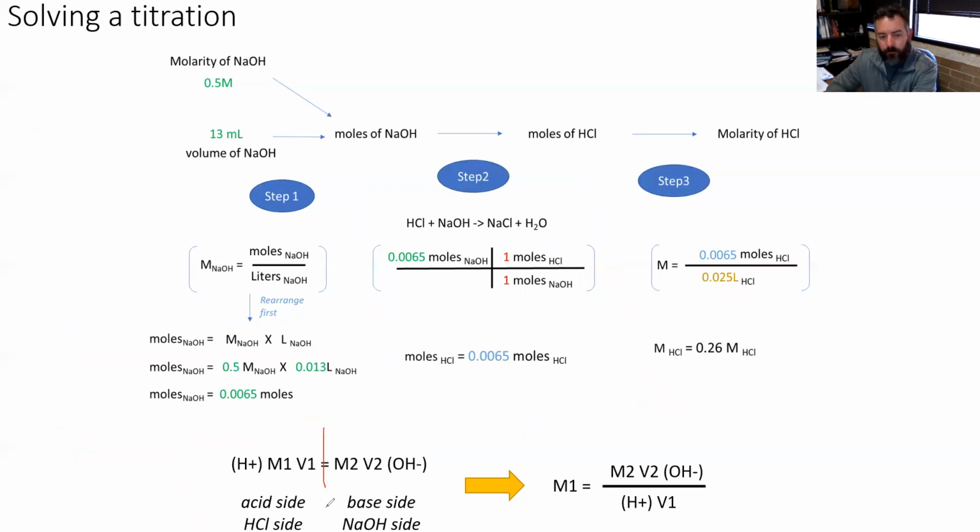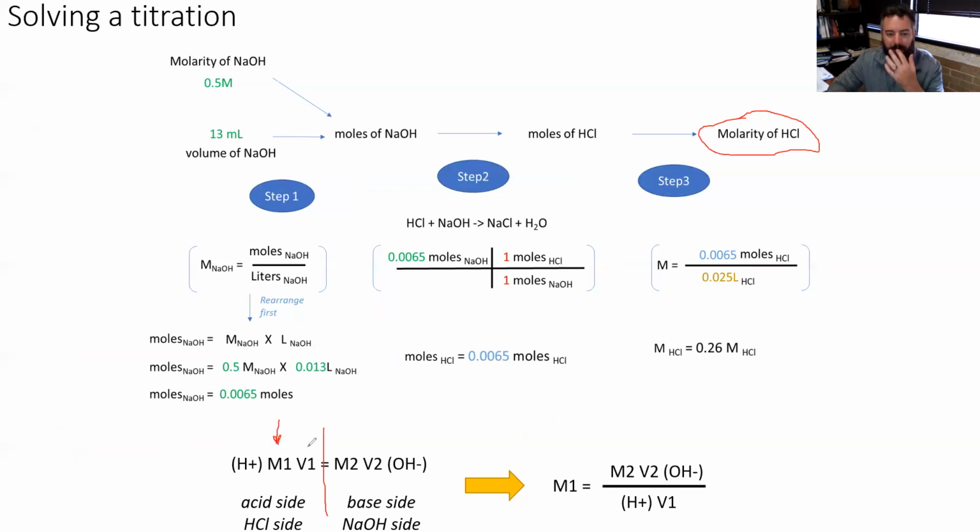So this equation can be cut into sides. If you're doing an acid-base titration, you can call one side your acid side, and the other side is going to be your base side. Now, what we were trying to solve for was the molarity of our acid. And if this is our acid side, that's our molarity of our acid, M1.